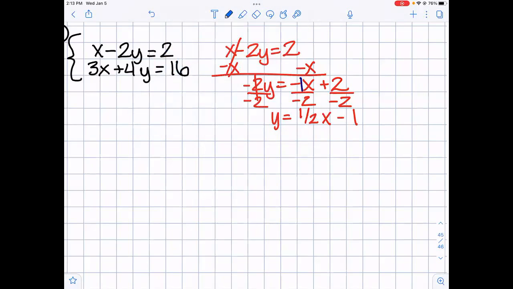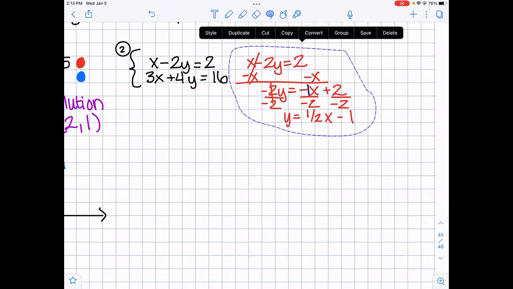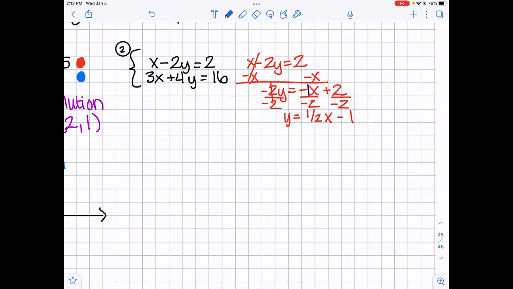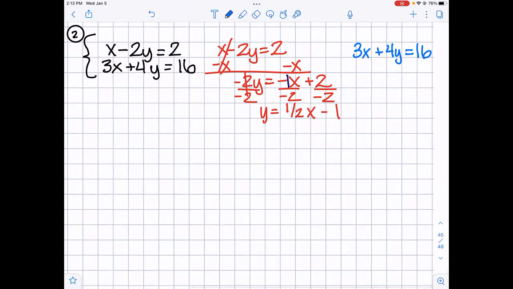We got to do the same thing with the other line. 3x plus 4y equals 16. What are we going to do to solve this? We need it to be y equals. What's first?